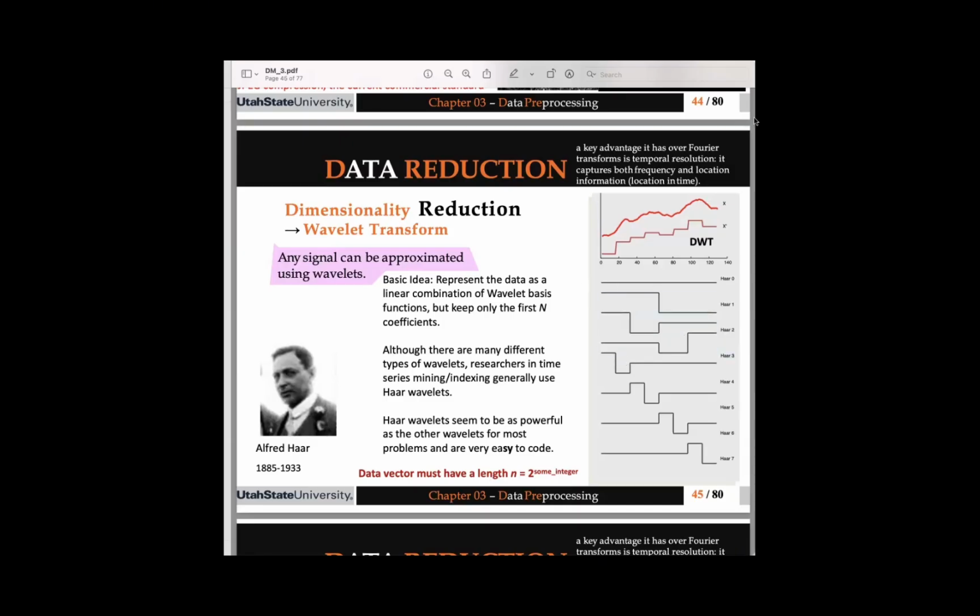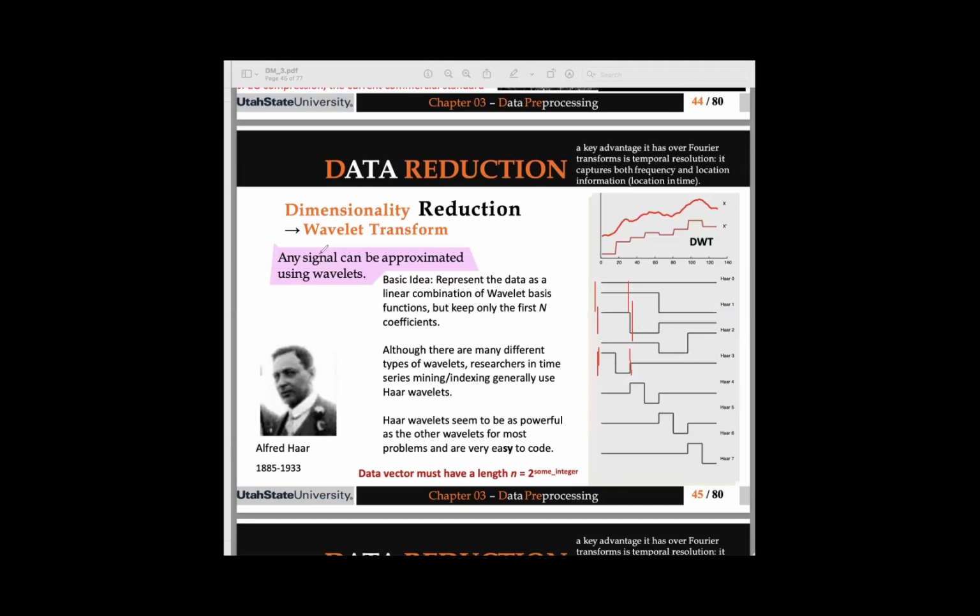If I am interested to know what happened in the segment from 0 until, let's say, 25% of the length of the data set, then I can easily do so by looking at Haar3, and in this case Haar2 as well as Haar1 over here, right? So these are highly localized. If there was some pattern going on, I could clearly see it directly through the wavelet transforms over here.